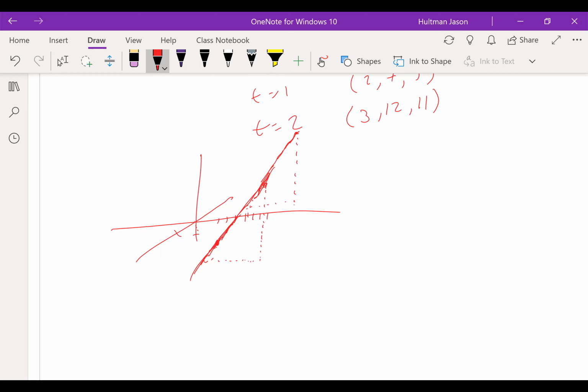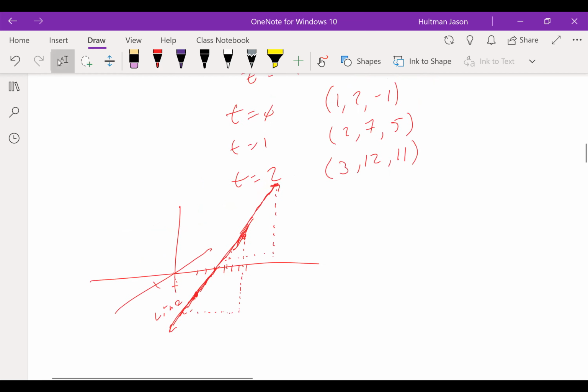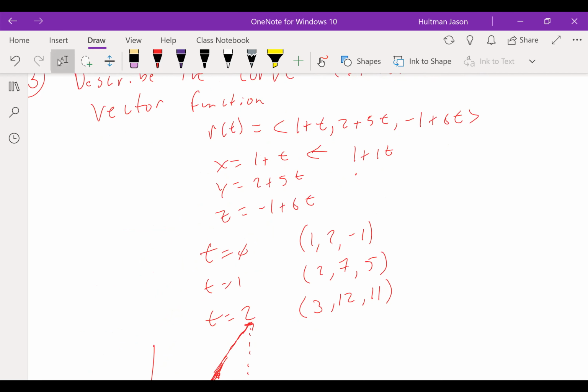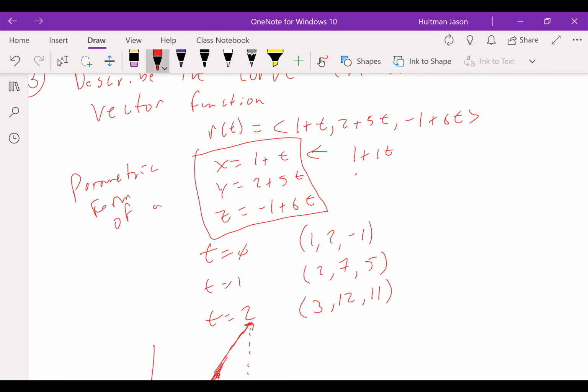We're getting the equation of a line, which should make sense because this is the parametric form of a line. And that is just a simple space curve.